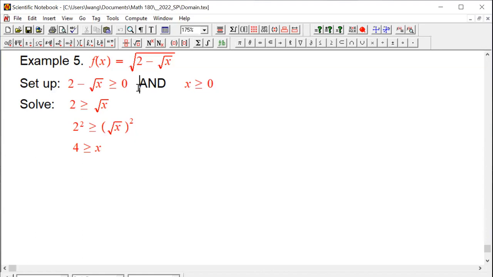So now we're going to combine these two. Combine that x is less than or equal to 4 and x is greater than or equal to 0.